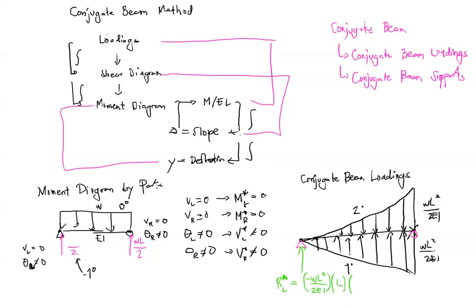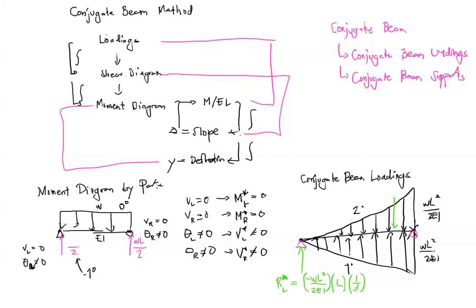Tapos, syempre, ang ating paboritong value is 1 over N plus 1. So, second degree siya. So, 2 plus 1 is 3. Kaya 1/3 siya. Ito yung distributed na ito yung katumbas na concentrated load. Ito yung unang value na yun. And that is at a distance of N plus 1 over N plus 2.